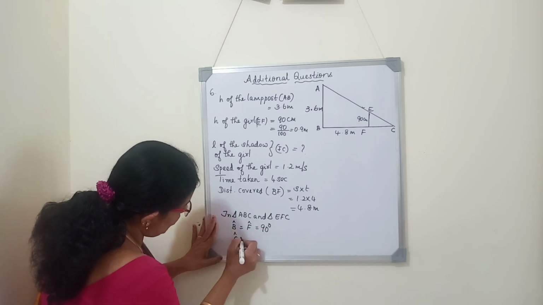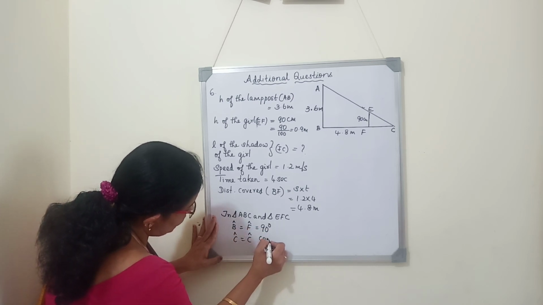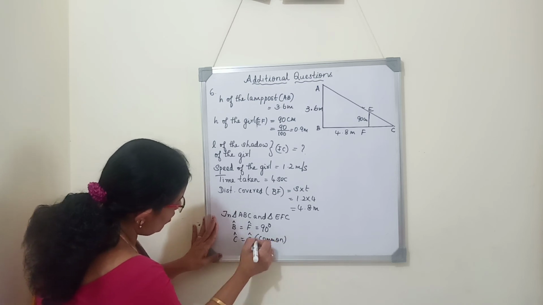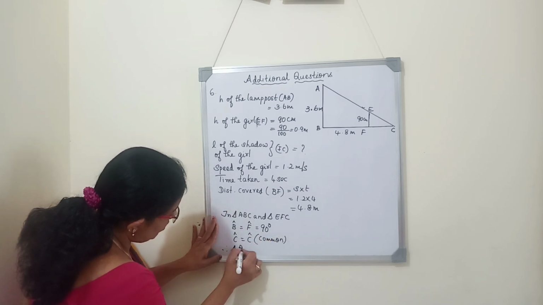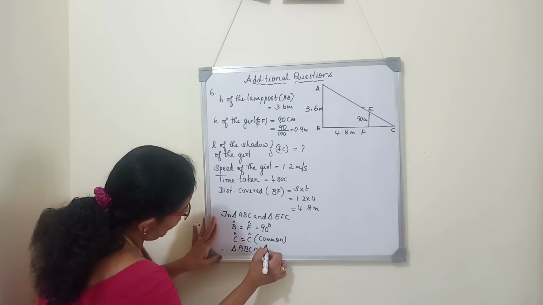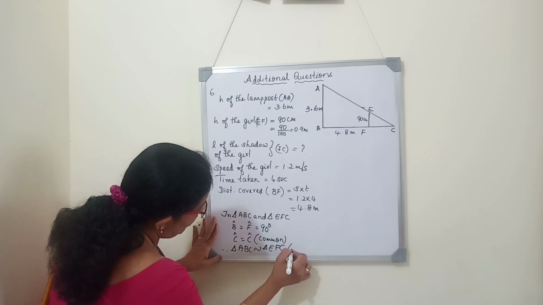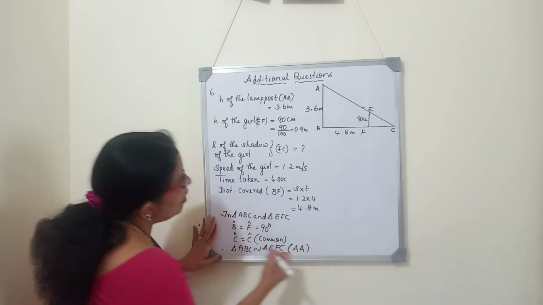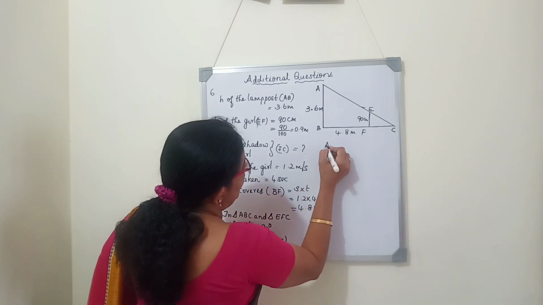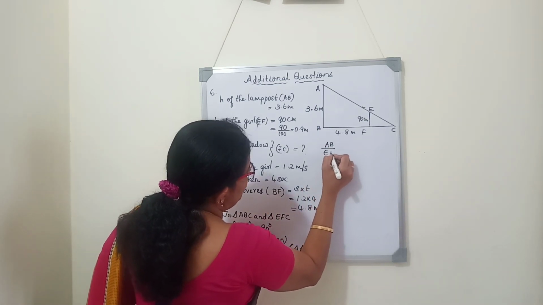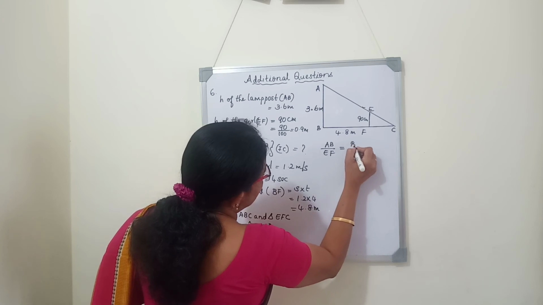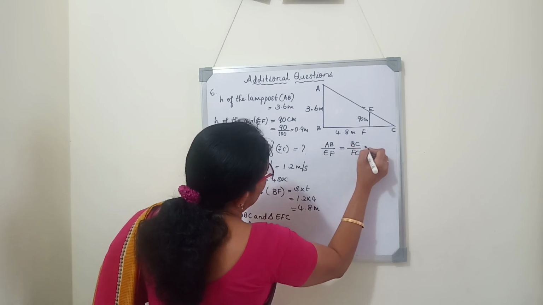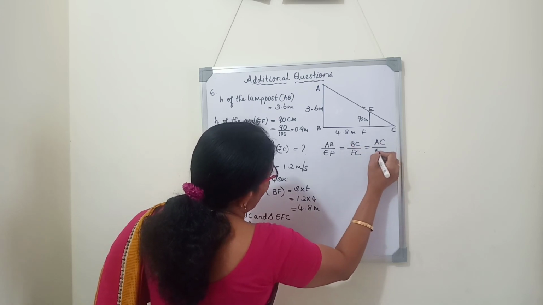Angle C is equal to angle C, common. Therefore, triangle ABC is similar to triangle EFC by AA criteria. Now we will write the ratio. AB by EF is equal to BC by FC is equal to AC by EC.